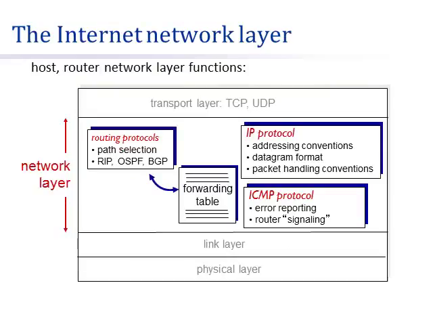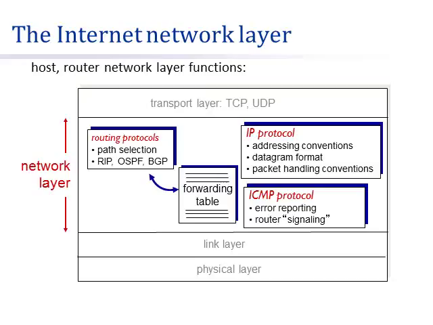Internet addressing and forwarding are important components of the internet. There are two versions of IP in use today, IPv4 and IPv6, and the internet network layer has three major components. The first component is the IP protocol.